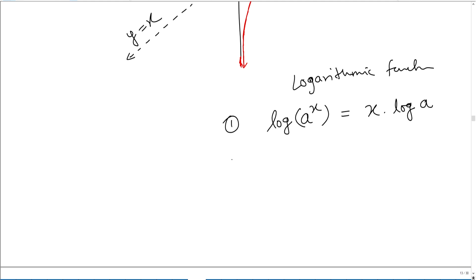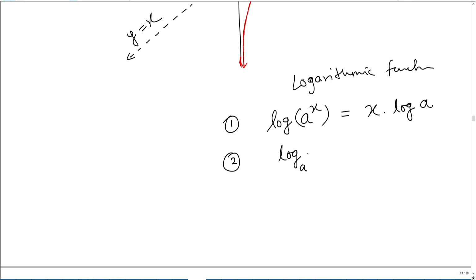Another important rule is this: logarithmic functions have a base, similar to exponential functions. Exponential functions always have a constant base, and we take some constant base to the power x. Similarly, logarithmic functions also have a base, which is written here. Let us say the base of this function is a.